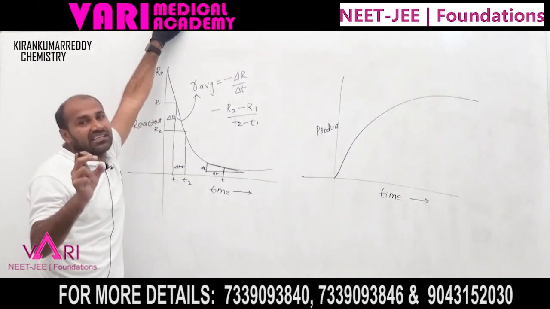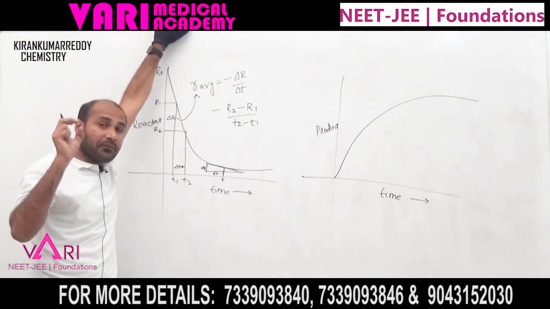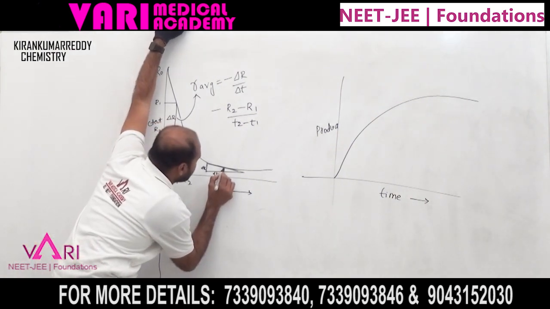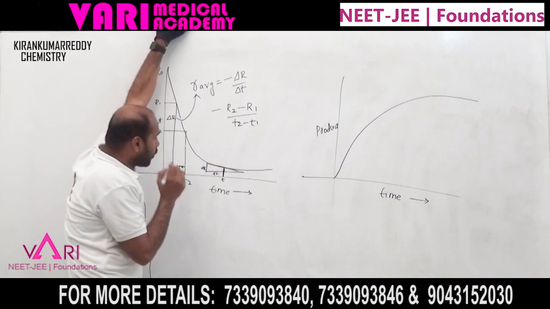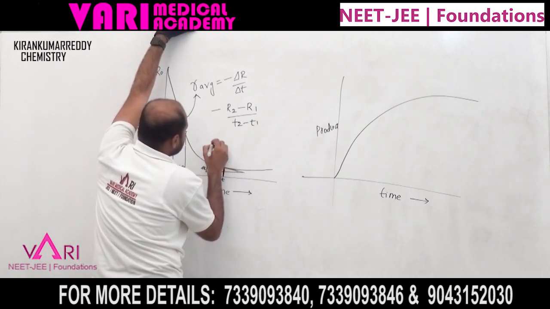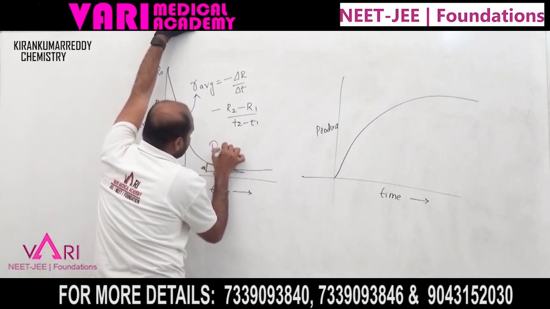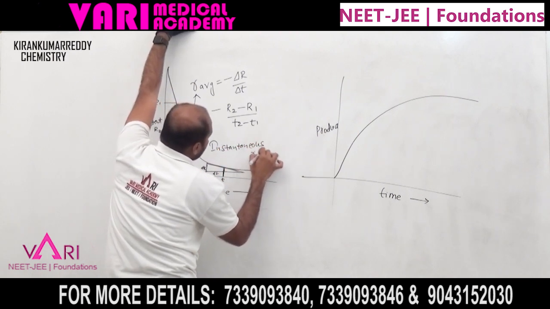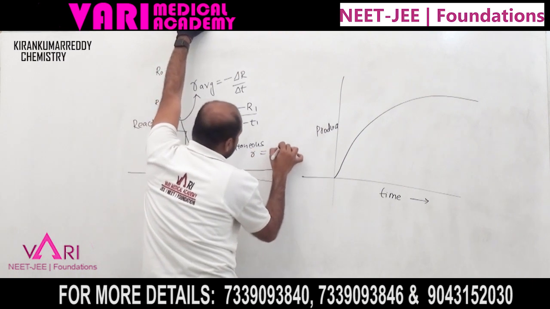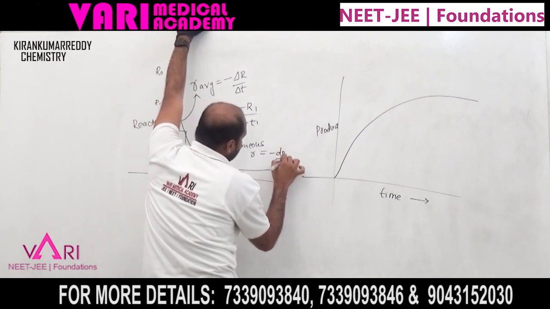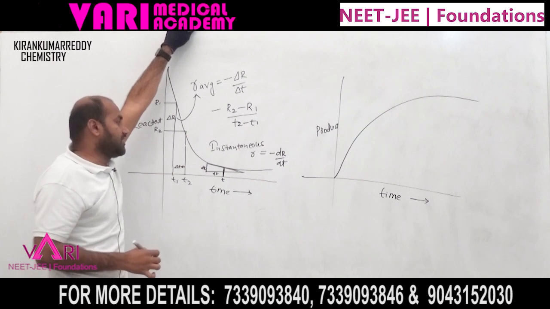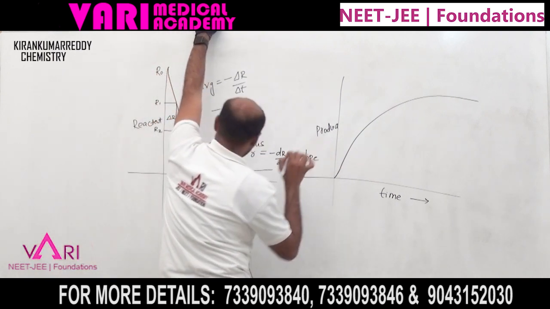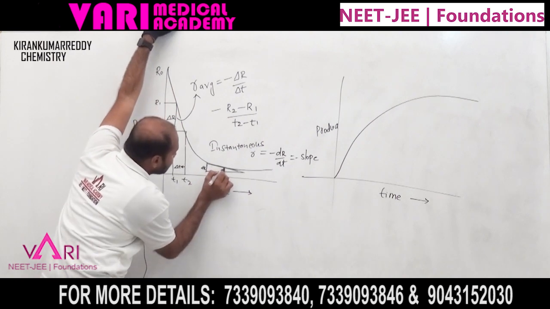The rate of reaction measured at a particular point during the course of reaction. Here I am taking one particular point T. Instantaneous rate of reaction, R, is equal to minus dR by dt, which is equal to the negative slope, at the particular point T.